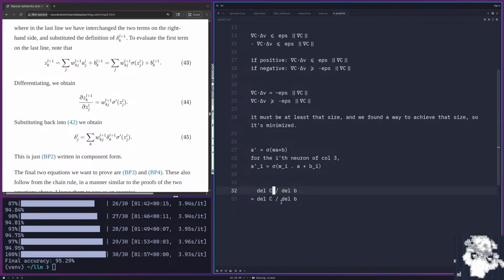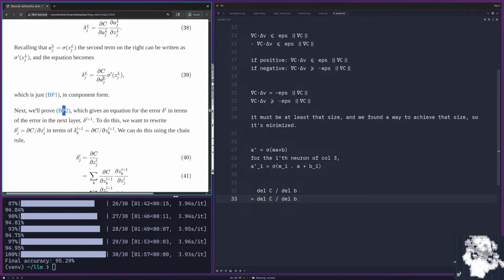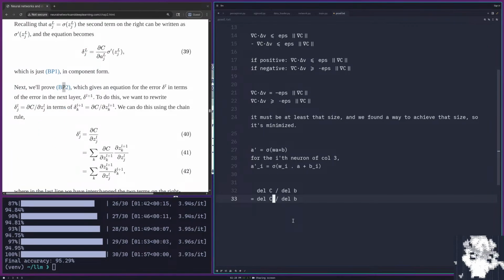Okay, derivative of C with respect to B. So the things we know already are derivative of C with respect to Z and with respect to A. So why don't we try swapping into Z?